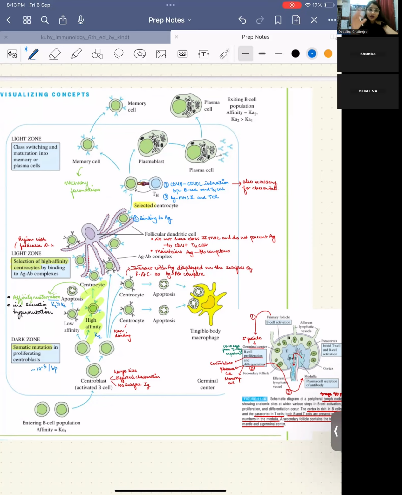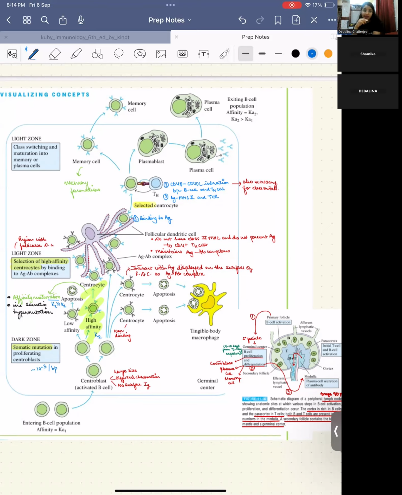It can happen after the antigen activation. Why so? Because the cell wants to bind to this antigen with higher affinity. So, somatic hypermutation can happen at all these stages, in presence of antigen as well as in absence of antigen. As a consequence of somatic hypermutation, the antigen specificity can increase, decrease, or even change.